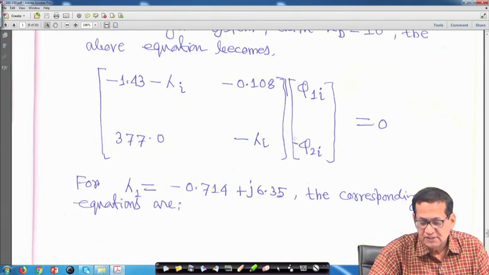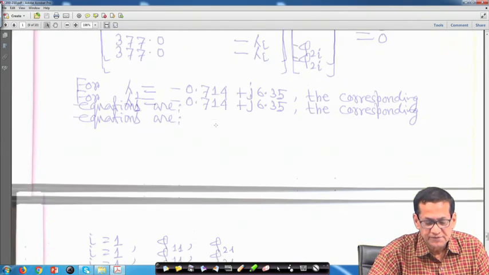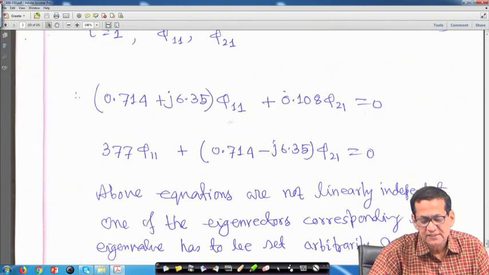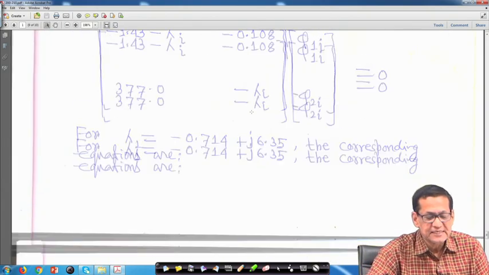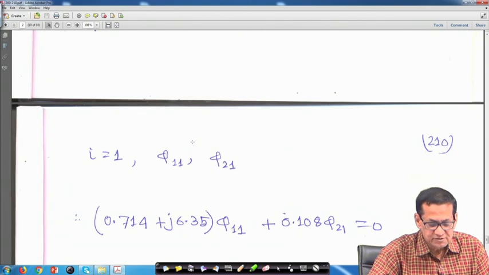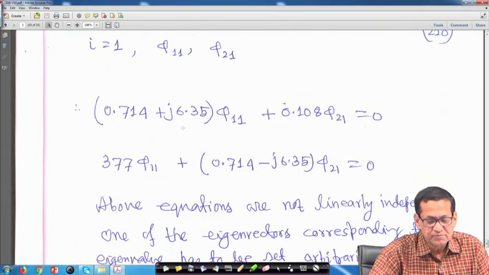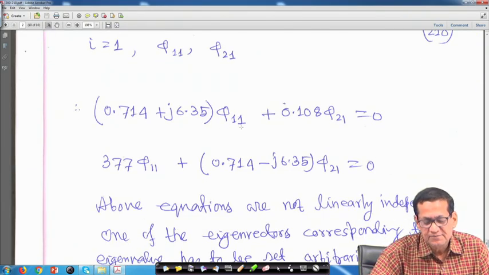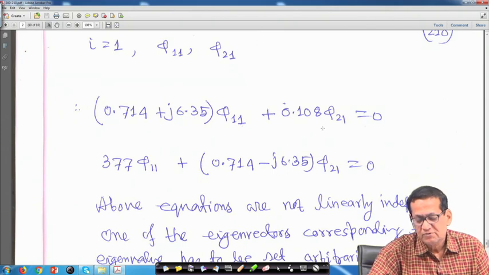If you simplify, this will be plus, because here it is minus, minus in both the cases. Ultimately it will become 0.714 plus j 6.35 phi 1 1 plus 0.108 phi 2 1 is equal to 0. This is one equation.